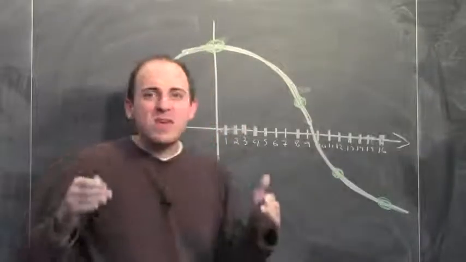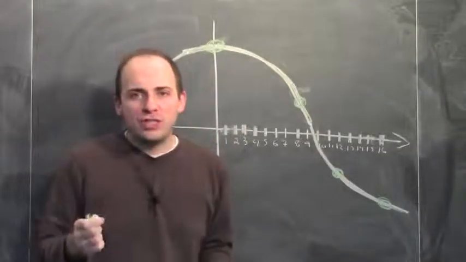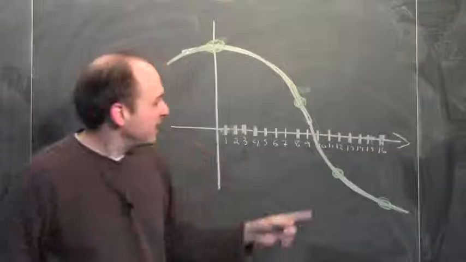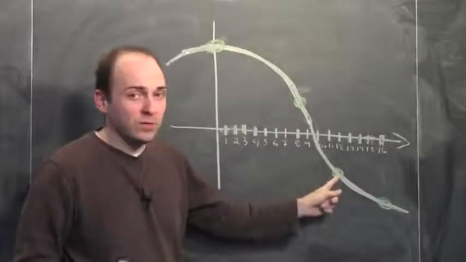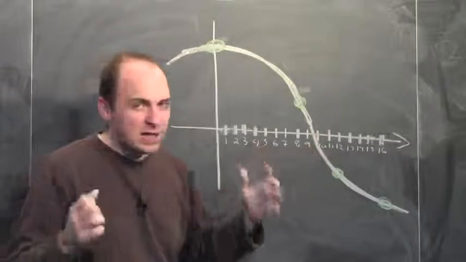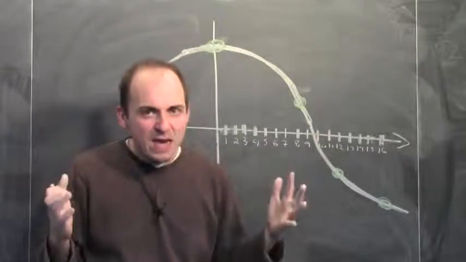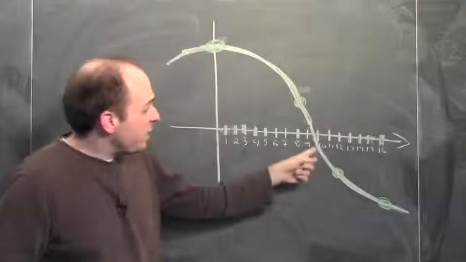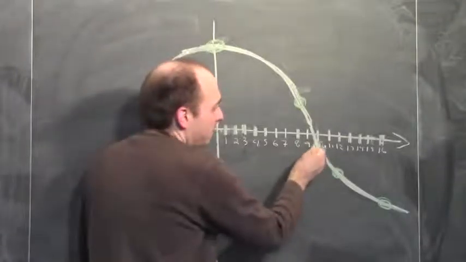So now I know, by the intermediate value theorem, the 0 of this function must land between 8 and 12. And I could cut that interval in half again. I could look at 10, and I could ask the function, if I plug in 10, are you positive or negative? And the function's value at 10 is negative.